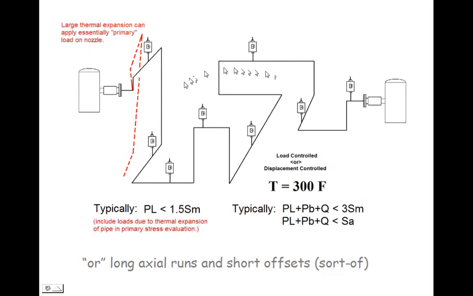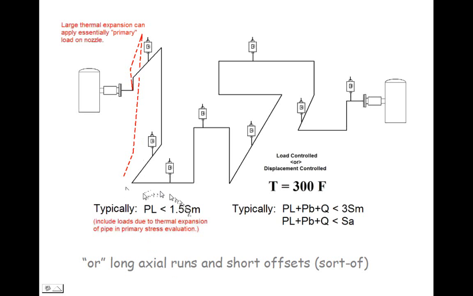So this condition can produce a primary analysis or a primary condition on the nozzle, or long axial runs with short offsets and elastic follow-up can also produce a similar condition where the elastic analysis doesn't give us the right evaluation or an accurate enough evaluation of the plastic strains in the nozzle. And in those cases, a PL classification for thermal strains or thermal stresses is considered a little more appropriate.